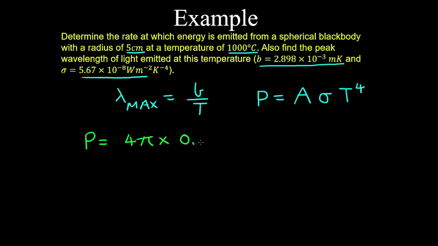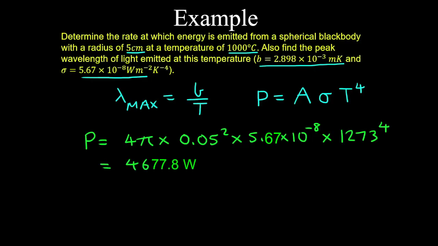So 5 centimeters is 0.05 meters, and let's multiply by 5.67 by 10 to the minus 8 watts per square meter per Kelvin to the power of 4, and let's multiply by the temperature in Kelvin, which is 1000 plus 273 or 1273 Kelvin raised to the power of 4, which gives 4677.8 watts.